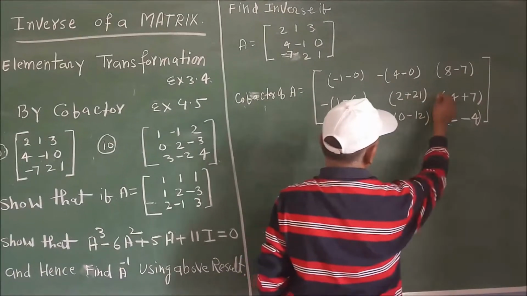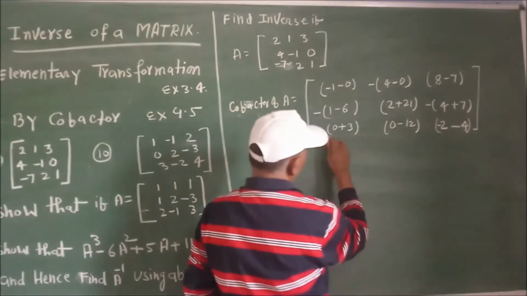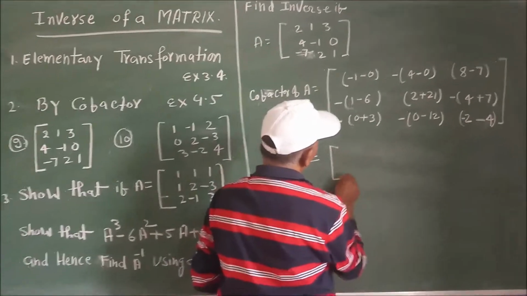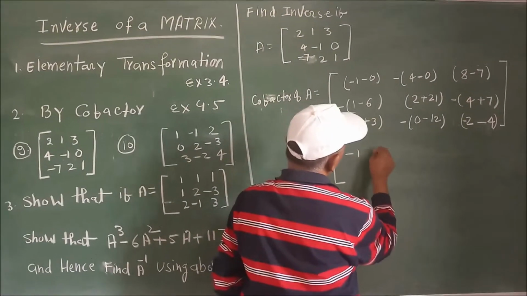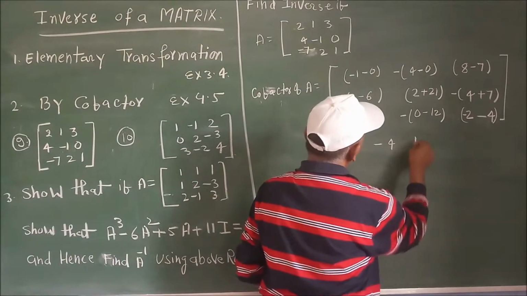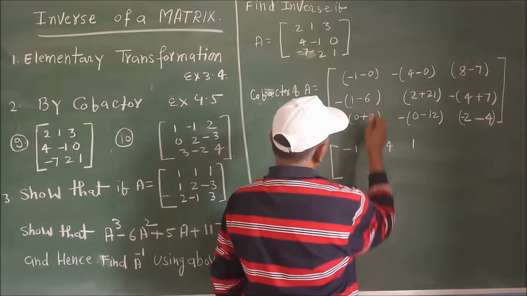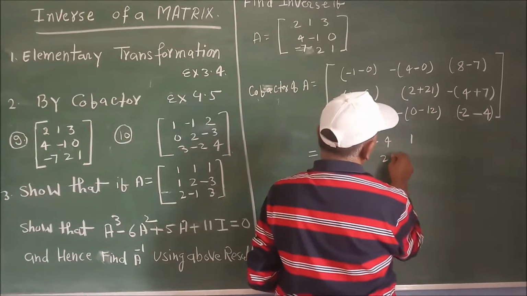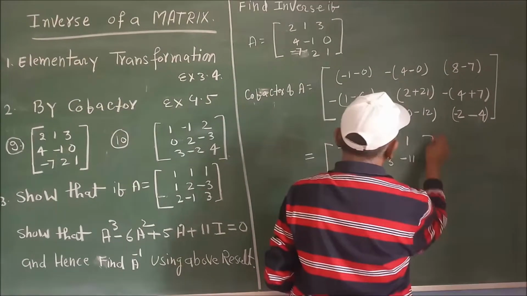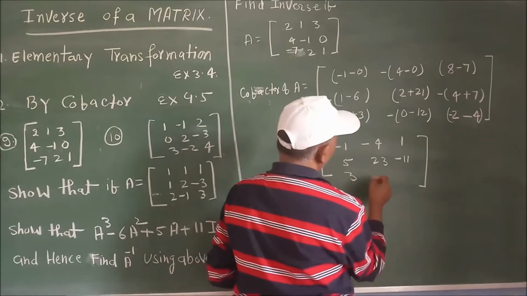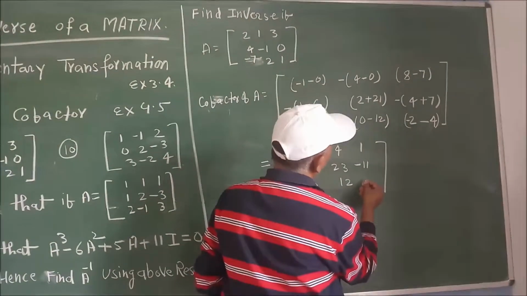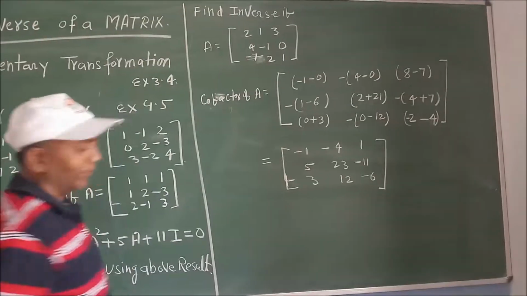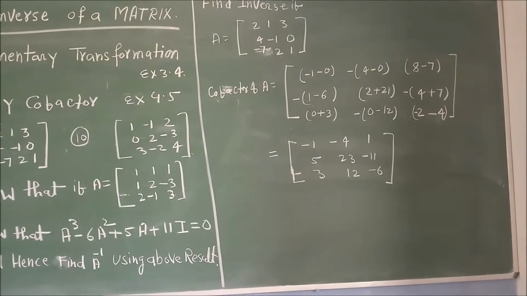So the cofactors of these elements will be minus 1, minus 4, 1, 1 minus 6 minus 5. So you will get 5, 23, minus 11, 3, 12, minus 6. And check whether this is correct or not. Once again check it.